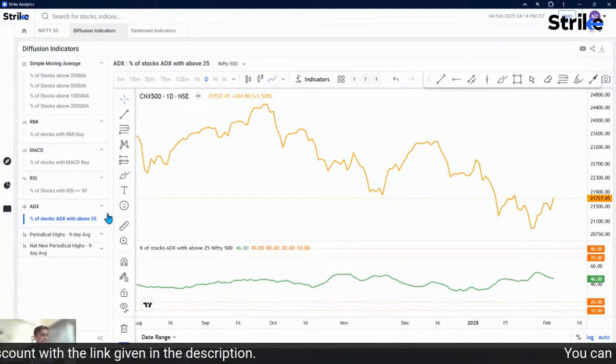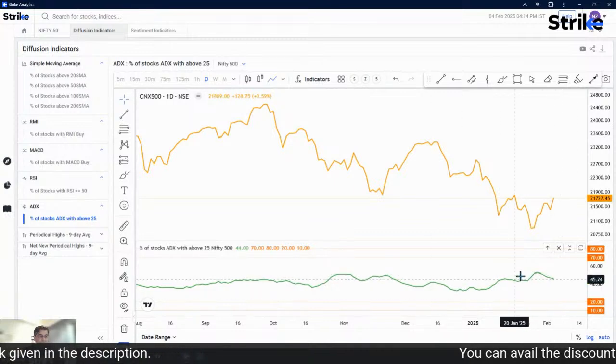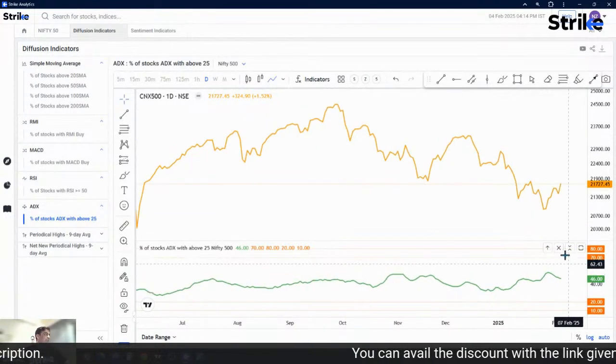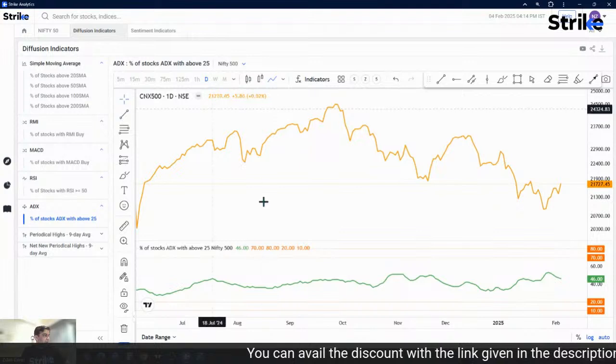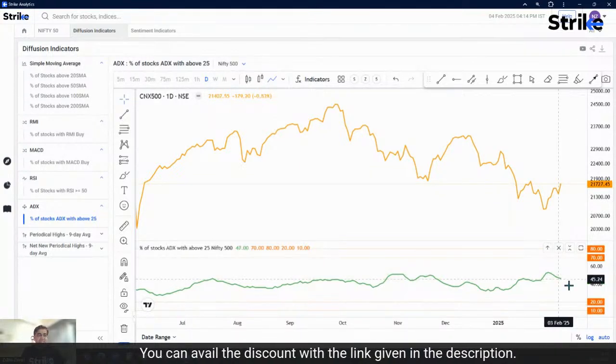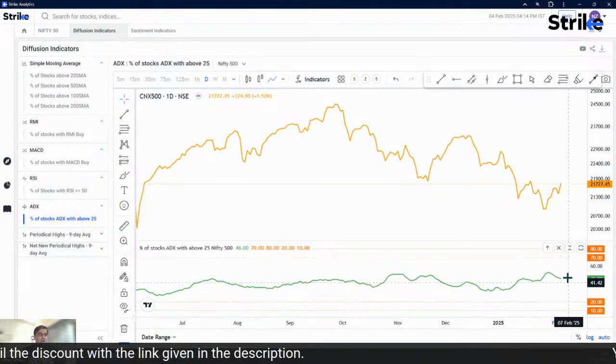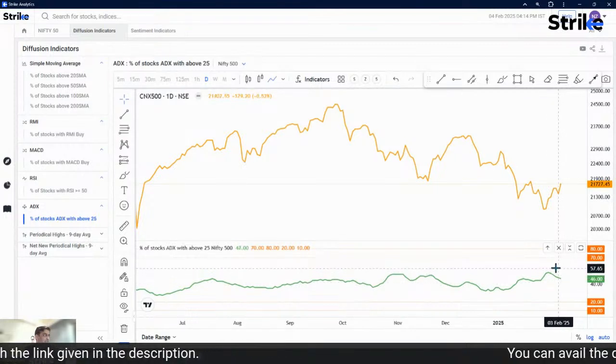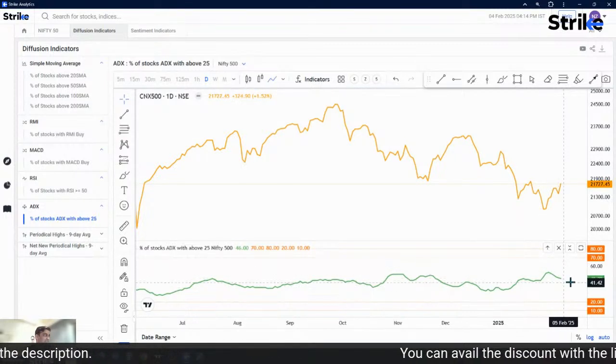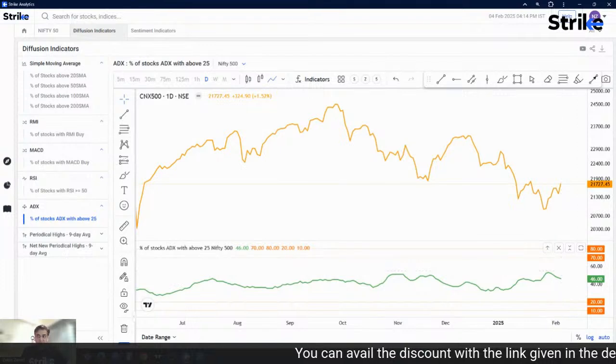Out of Nifty 500, currently only 46% of the stocks have a strong trend. Their ADX reading is above 25. All right.